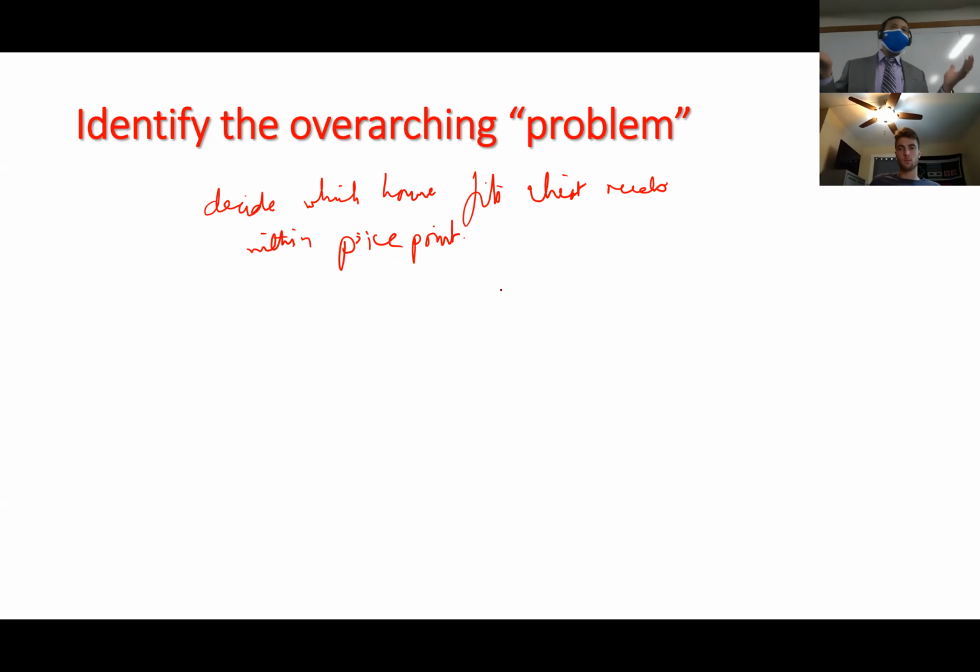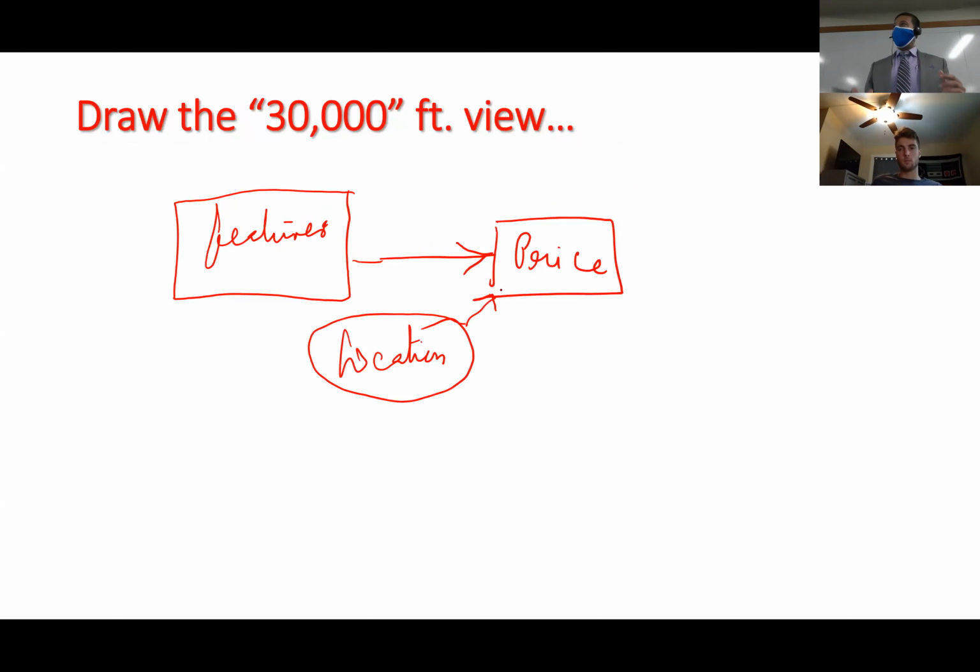And so, the broad idea was, okay, let's decide which house fits the client needs within a certain price point. So that's maybe the broad picture. And then to be able to formulate that in a pictorial view, in essence, you are looking into a certain set of features the house has and the house's location, and you are trying to see how that fits into the overall pricing goal. Still with me? Yes, no?